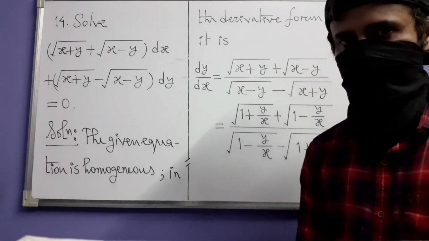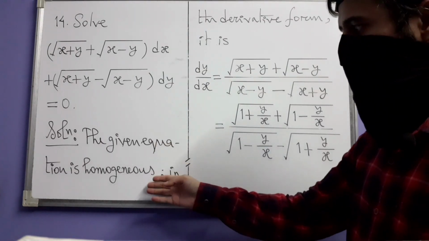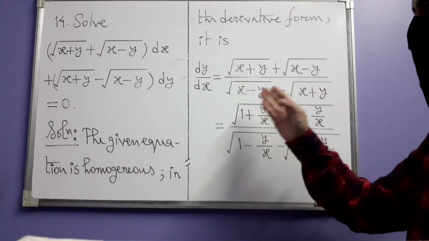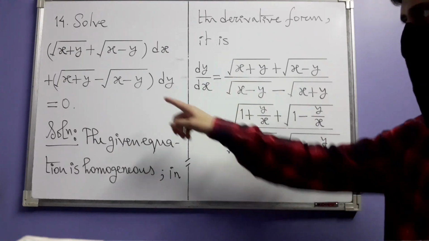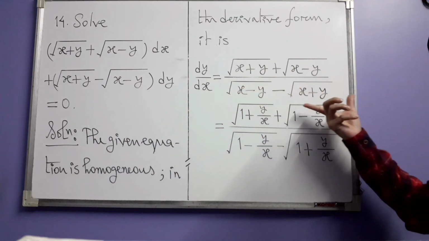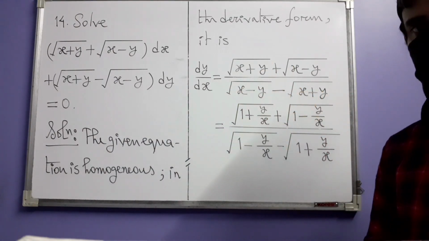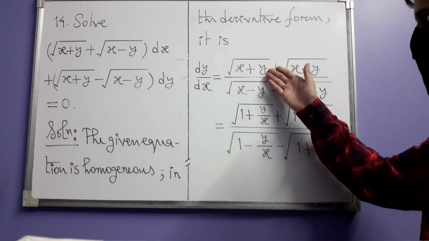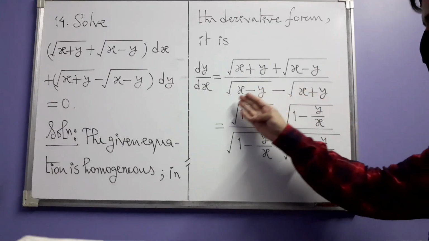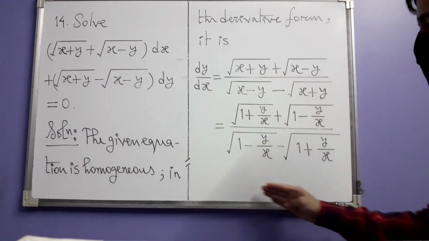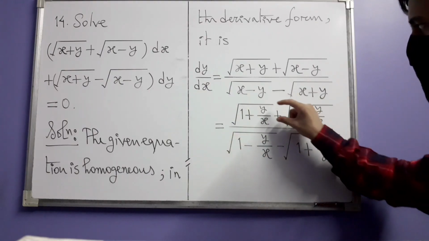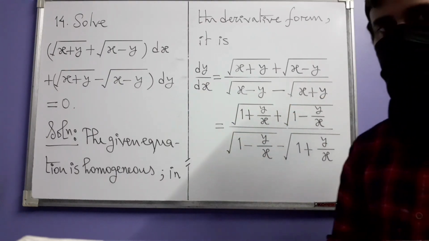So we start the solution by declaring that the given equation is homogeneous, and that is because when you express the equation in derivative form, it's given in differential form, this is what it becomes. And then after necessary manipulation, you can turn it into a form like this, where you are only seeing the entire thing as a function of y divided by x.